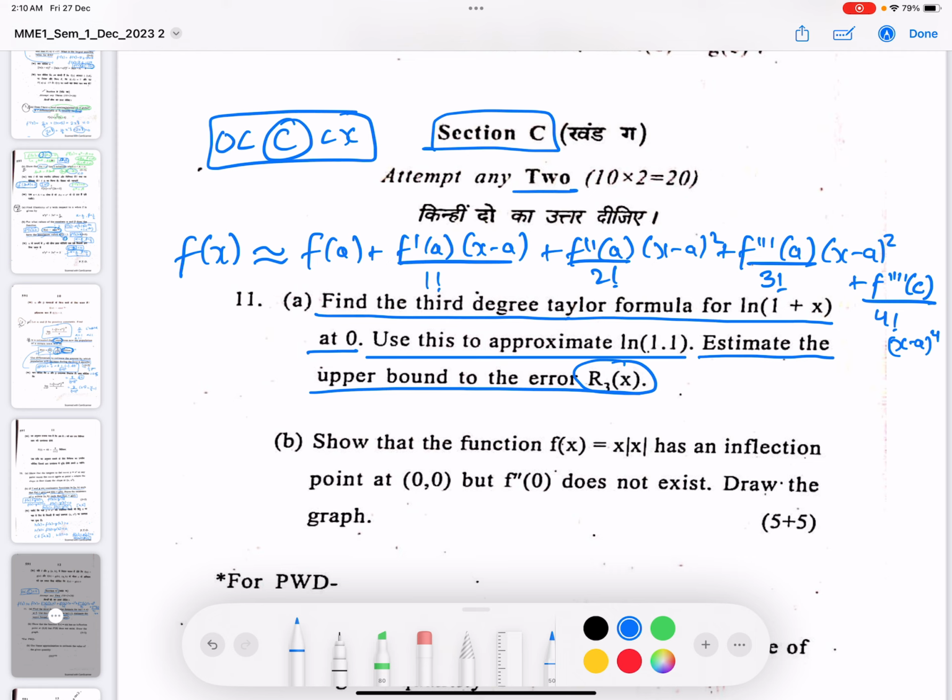So this would be the remainder. Now since we are not talking about the remainder right now.